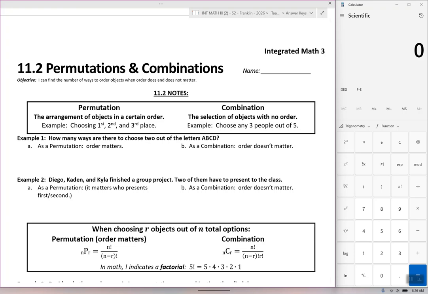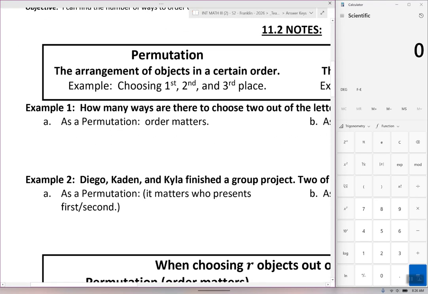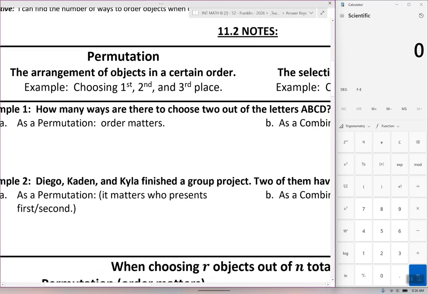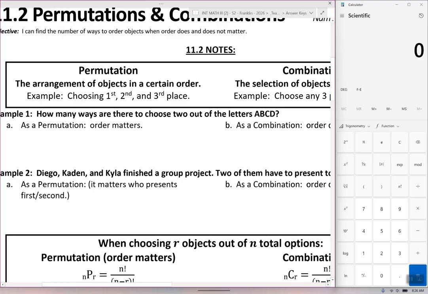For example, we're going to look at how many ways to choose 2 out of the letters A, B, C, D. We're going to do this as a permutation and as a combination. As a permutation, where order matters, let's think about all the different ways to order these. We're choosing 2 letters out of A, B, C, D. If we start with A, we could have AB, AC, and AD.